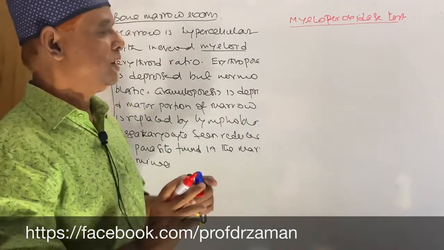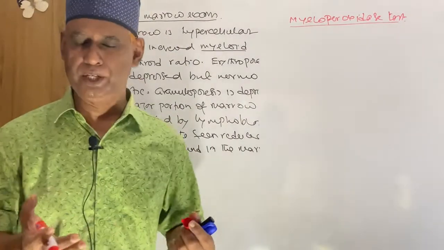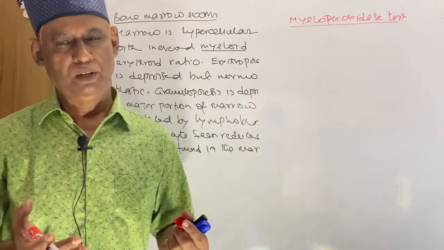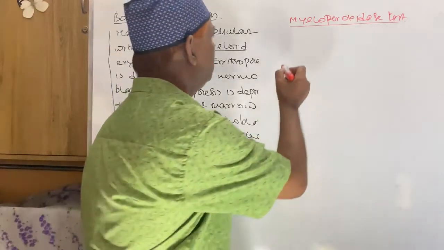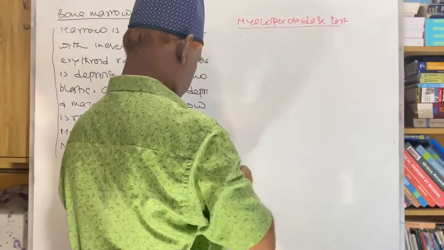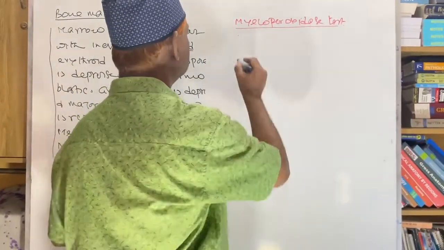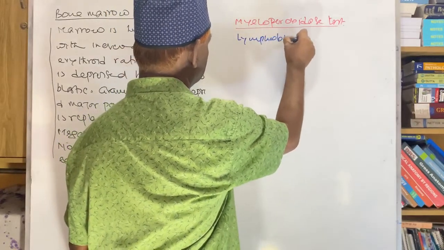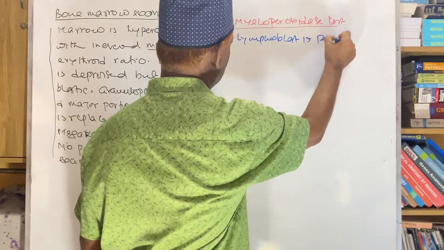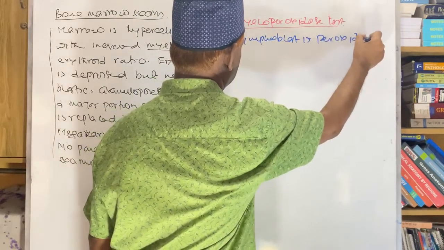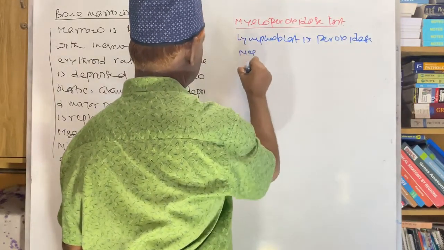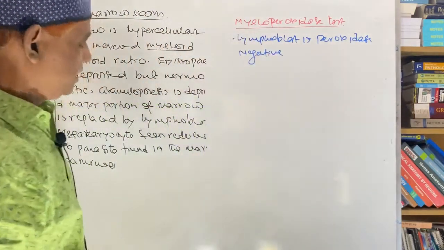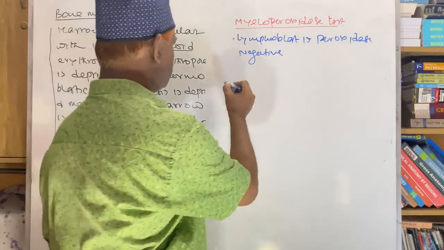If we put myeloblast in the peroxidase test, it is peroxidase positive, and lymphoblast is peroxidase negative. So lymphoblast is peroxidase negative. Then come to chromosomal study.